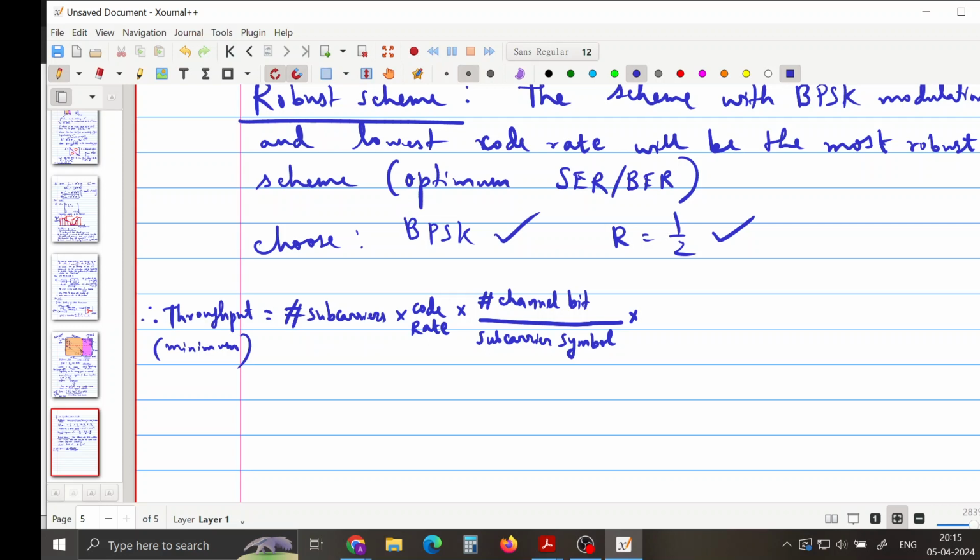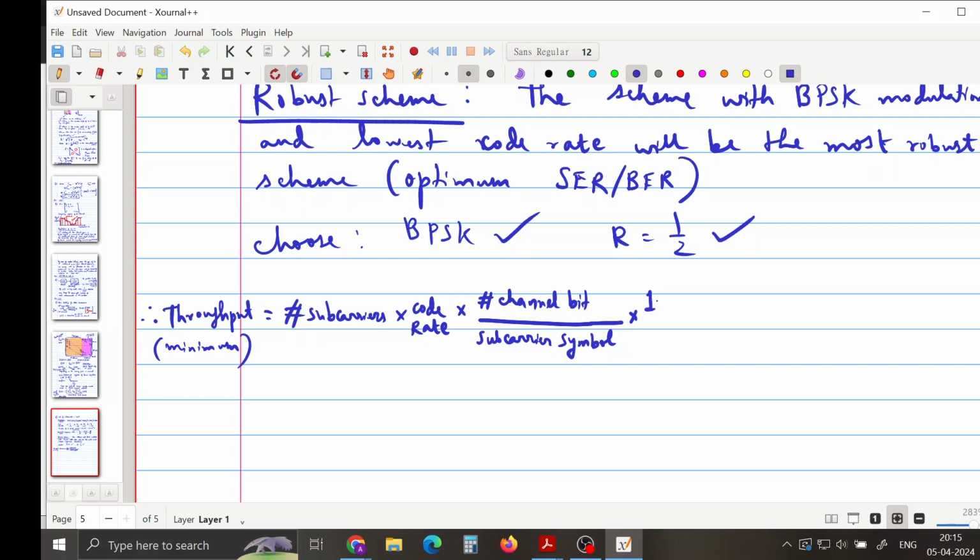And I also have to see the duration of the OFDM symbol, right? Correct.